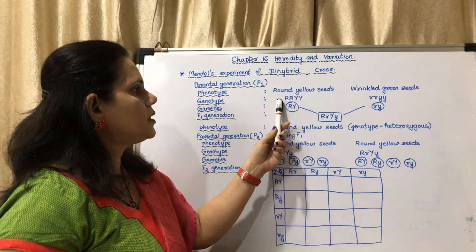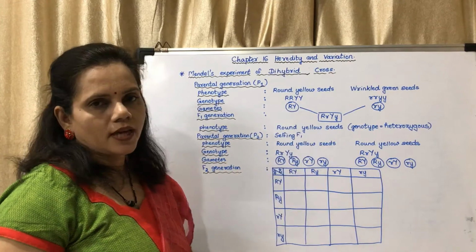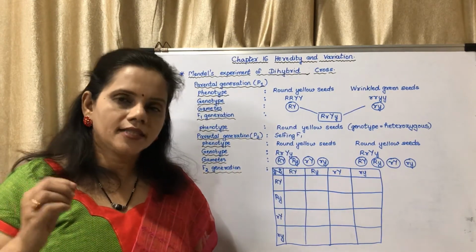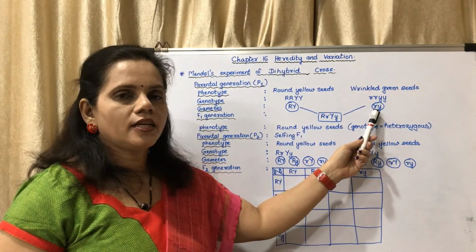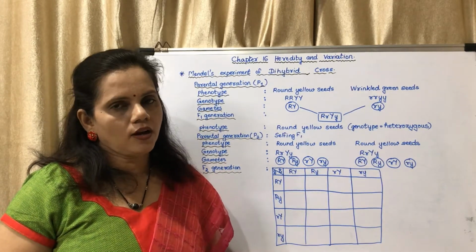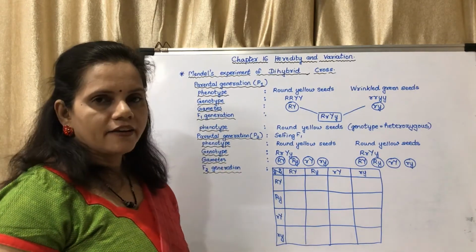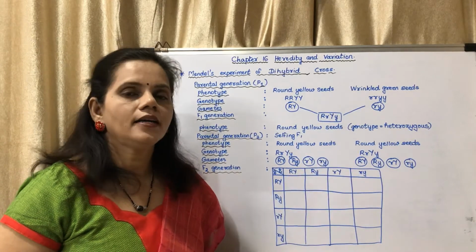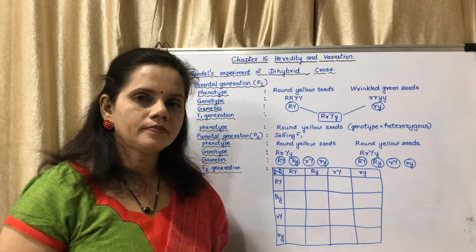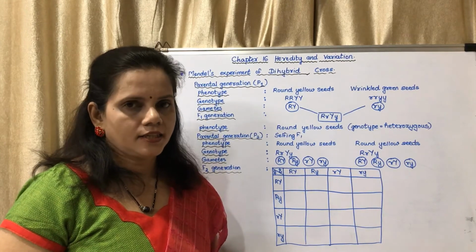Whatever combination this may have, it could be capital R, capital Y. Their gametes will be capital R, capital Y, and the gametes of the other will be small r, small y. If they are crossed with each other, you will get the F1 generation, which is capital R, small r, capital Y, small y. This will be the first filial generation.